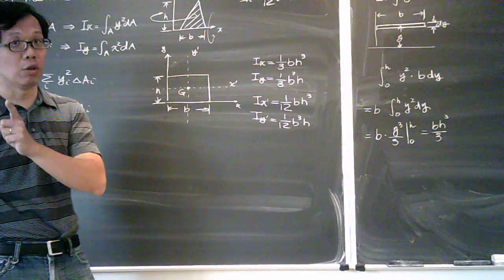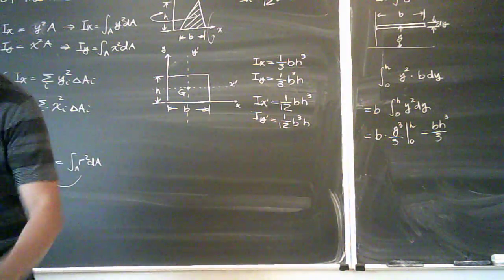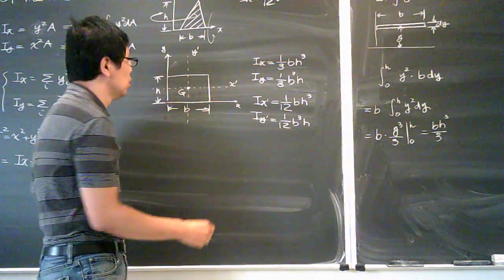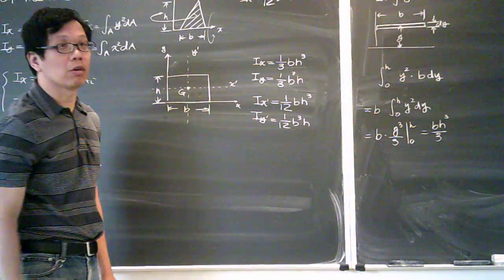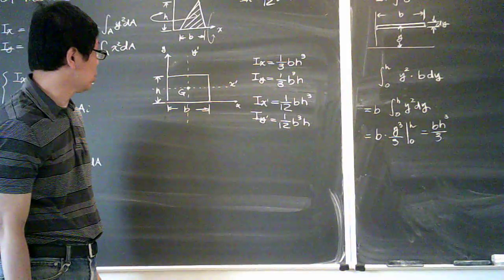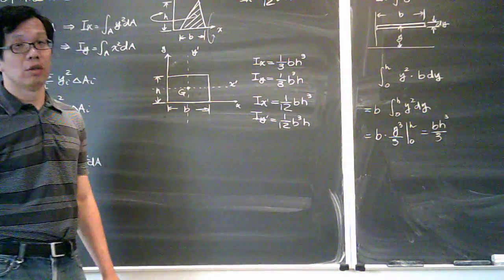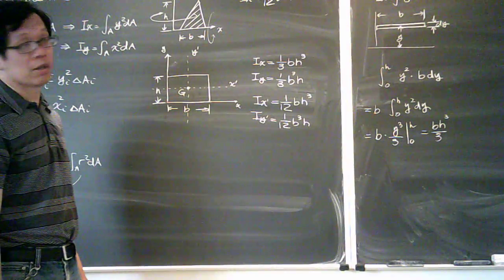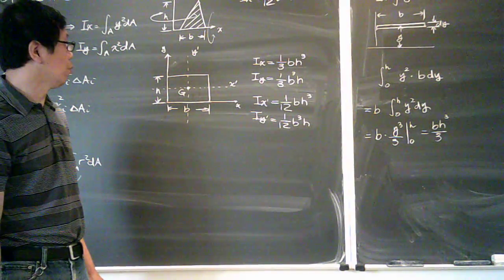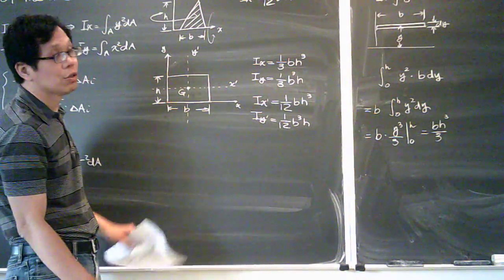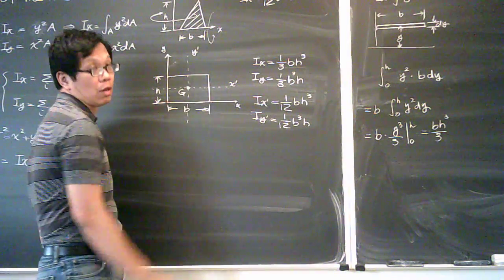Okay, be sure which one you're talking about. And the other thing is, now I'm only talking about the moment of inertia rotated about two perpendicular axes. A lot of time we don't care about that as well. We care about the moment of inertia around this thing itself.